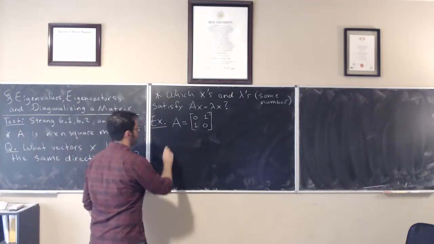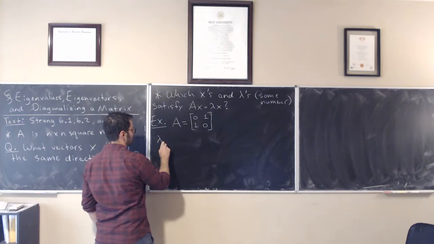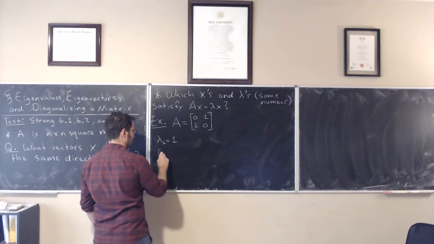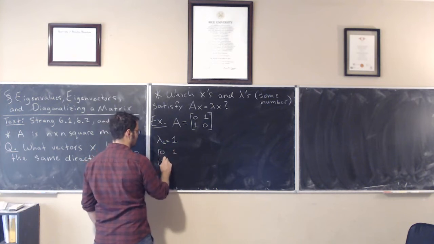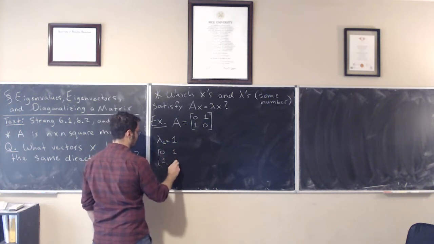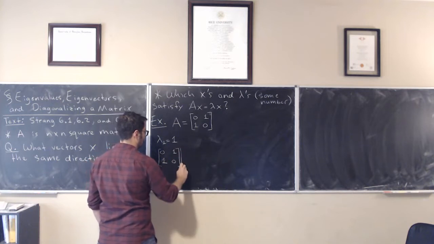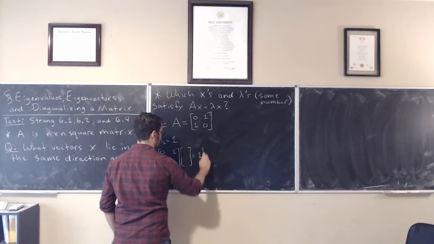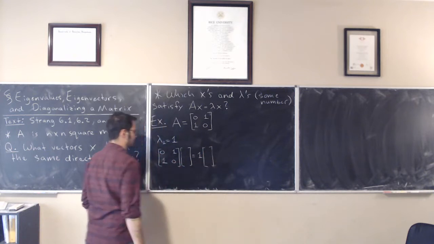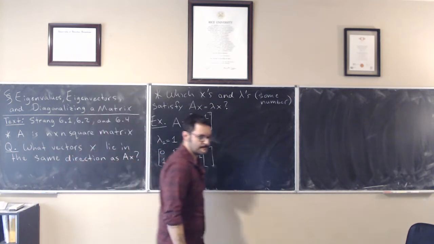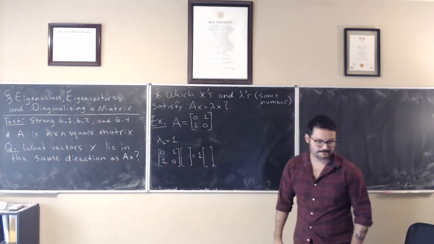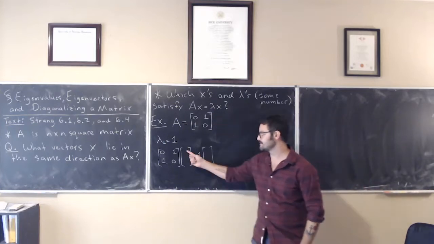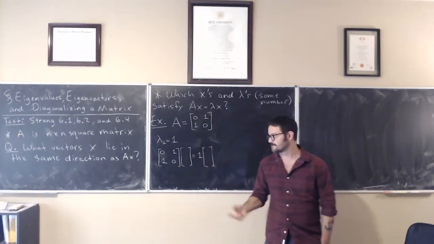I'll just tell you right ahead that one of the lambdas is 1. So what vector satisfies this equation? And remember, this is just swapping the entries. So give me some numerical values to put there that'll satisfy this equation.